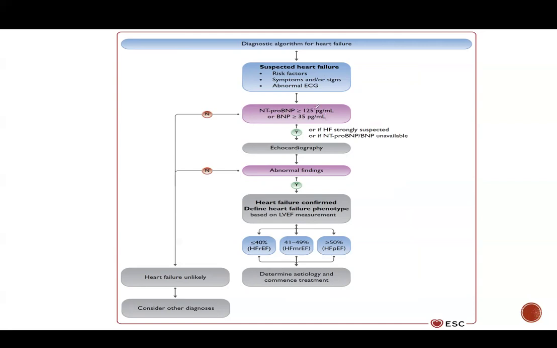So NT-proBNP elevated means that the patient has heart failure. If yes, then you do echocardiography just to label the patient as either reduced ejection fraction, mildly reduced ejection fraction, or preserved ejection fraction. Suppose NT-proBNP is normal, or the echocardiography has no abnormal findings, then you should suspect that heart failure is very unlikely, and you should consider other diagnoses.